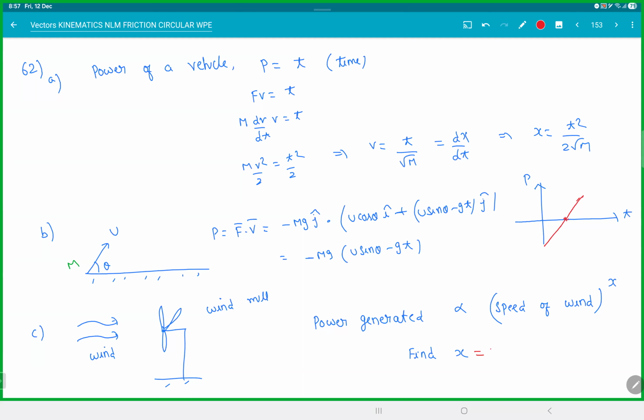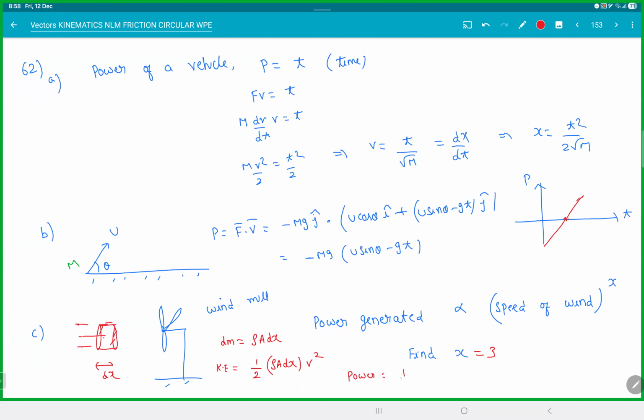x is equal to 3. How did we get that? So when the wind is blowing, take a thin cross section of dx. So dm will be density, area, and thickness. This is your dm. The small kinetic energy will be half dm, which is rho A dx v square. Power is nothing but kinetic energy per unit time.